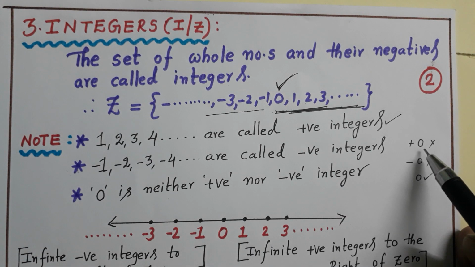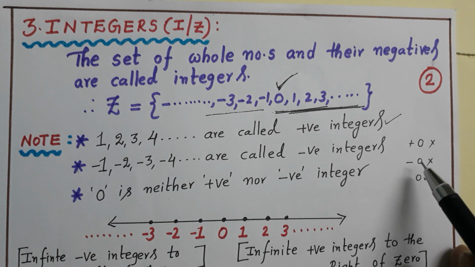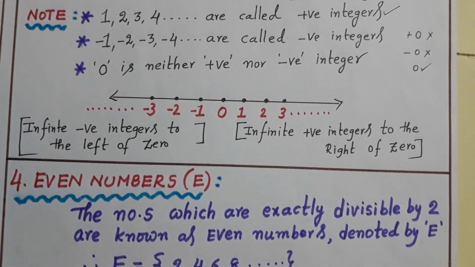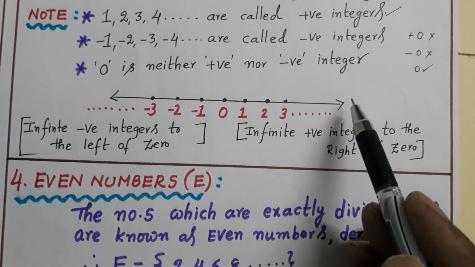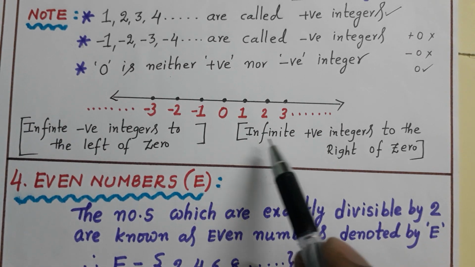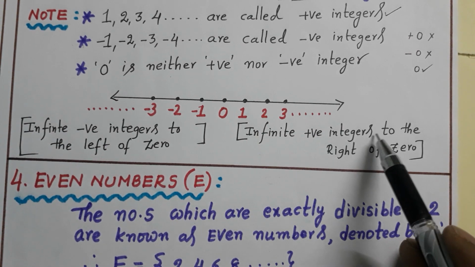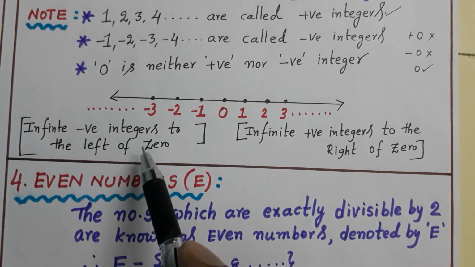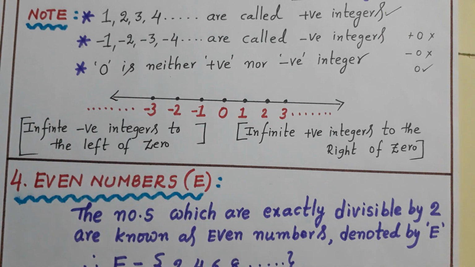That means we are not supposed to say plus 0 or minus 0. 0 means only 0. For your convenience, children, I'm going to represent the integers on a number line. If you see these integers on the number line, you can observe infinite positive integers to the right of 0, and also infinite negative integers to the left of 0.